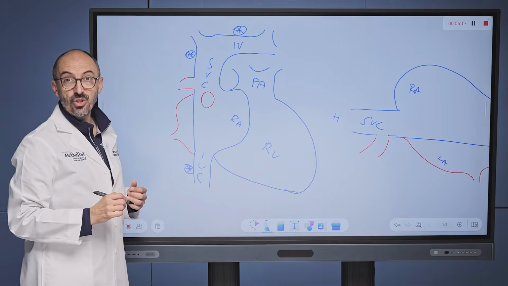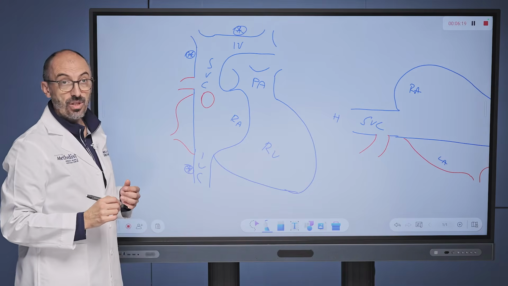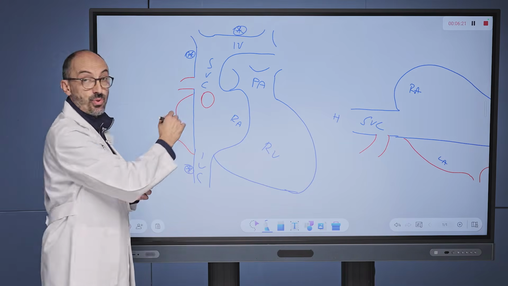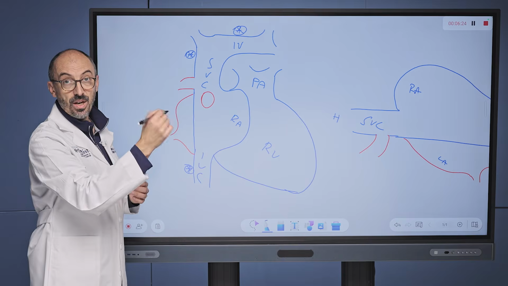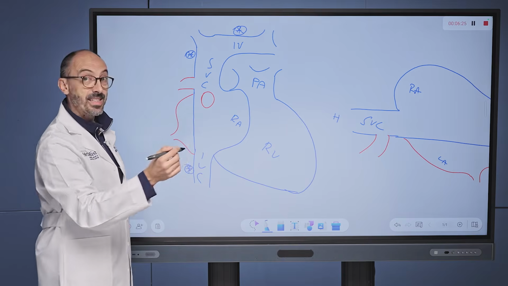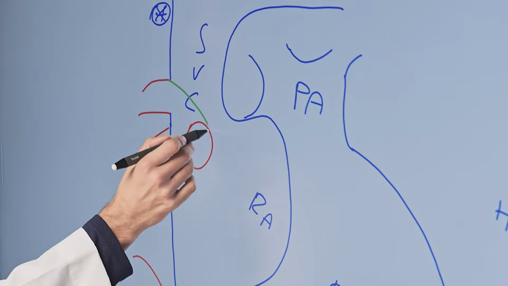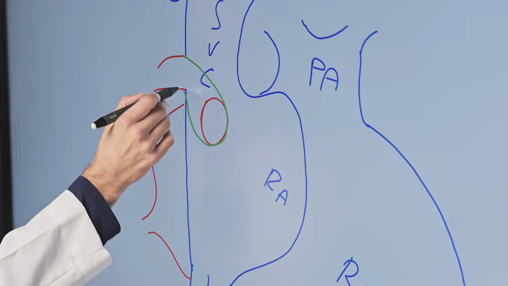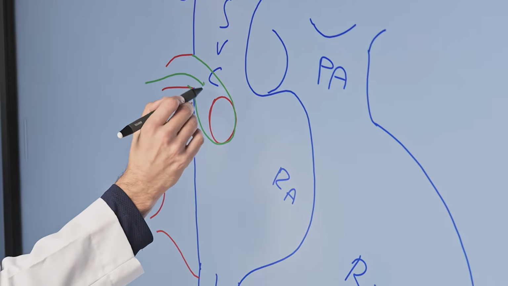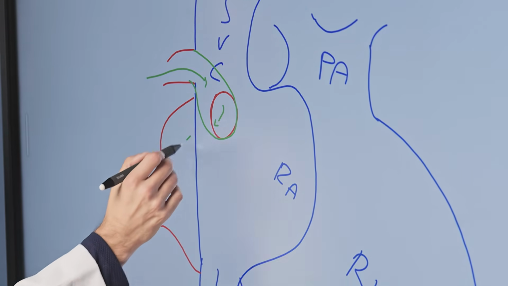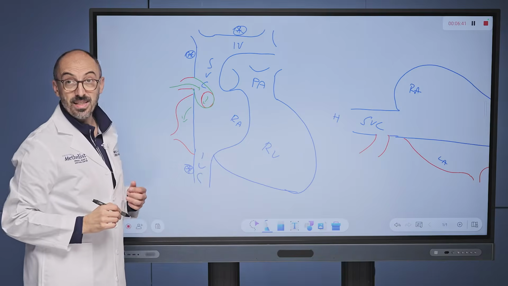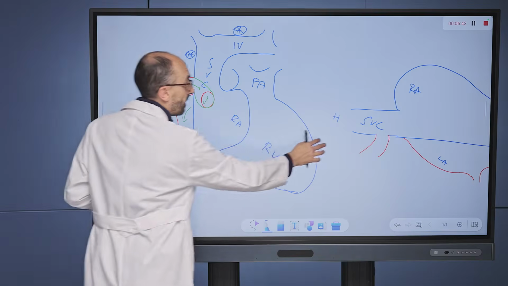It's quite intuitive. The double patch allows us to connect the pulmonary vein to the left atrium using the existing ASD. In this way, the flow will go into the left atrium using the existing ASD.